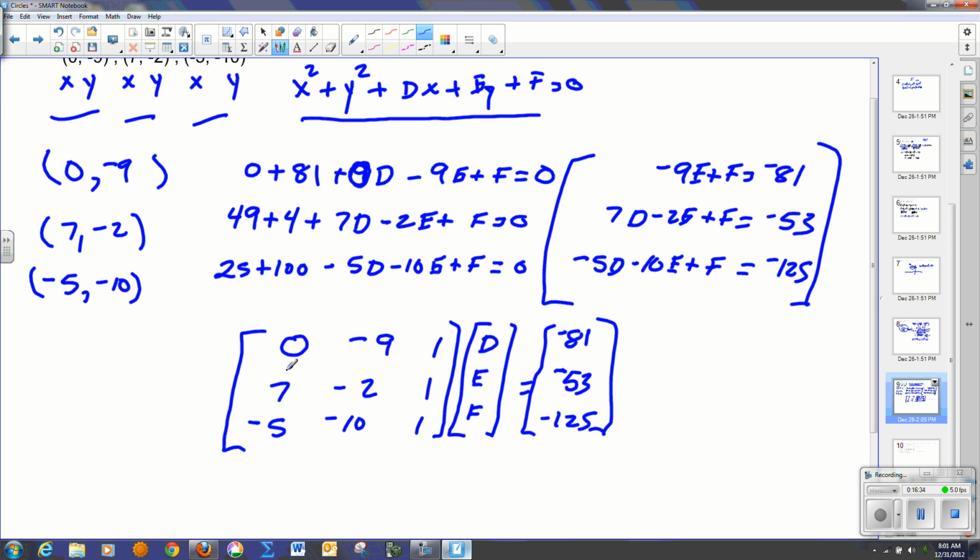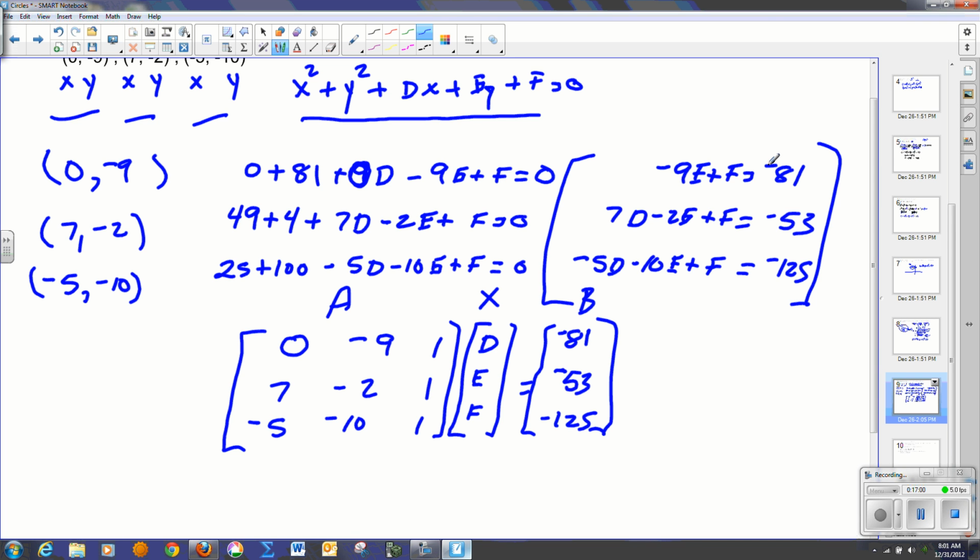And if I were to multiply, I'm going to call this my A matrix, my unknown matrix, and my B matrix. If I multiply this A matrix by this X matrix, I get my top equation, because rows by columns, and that would be set equal to the negative 81.